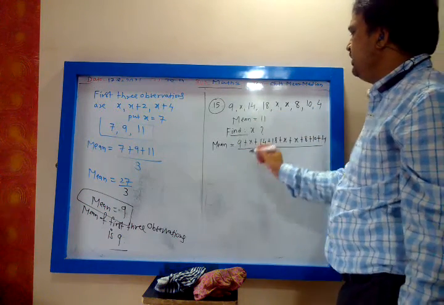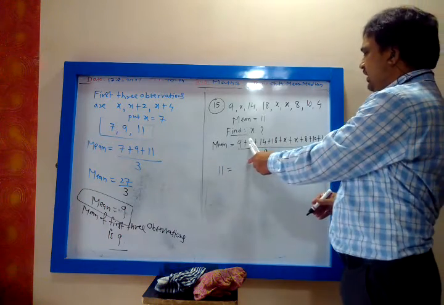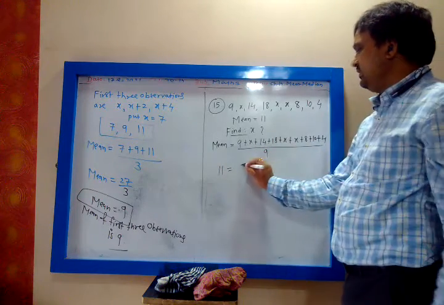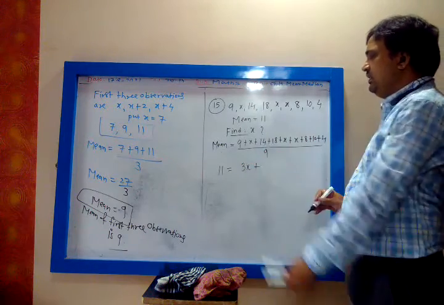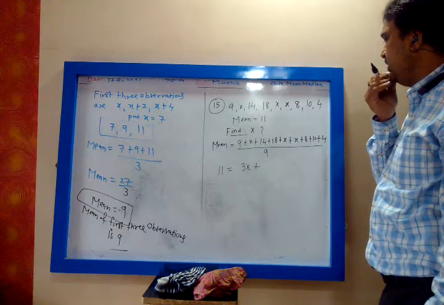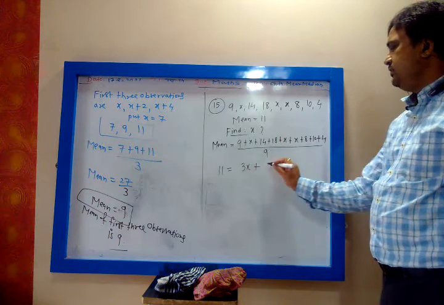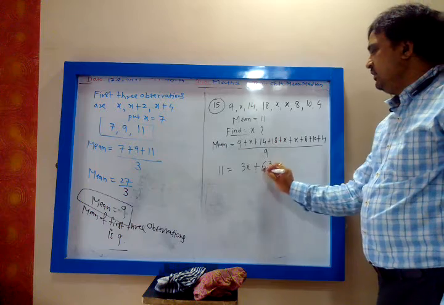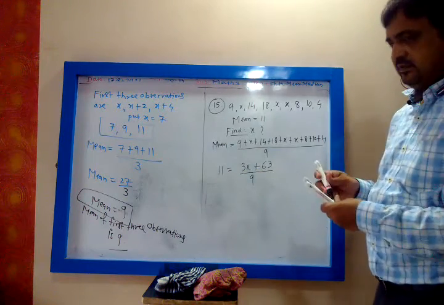But the mean value is given to you, 11. 11 is equal to, adding like terms, x, x, x, 3x, plus 9 plus 14, 23, 23 plus 18, 41, 41 plus 8, 49, 49 plus 10, 59, 59 plus 4, 63, divided by 9. So cross multiply.